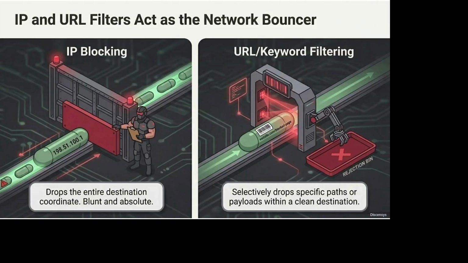Trying to block, right? And next comes the URL filtering, that is keyword filtering also. Instead of blocking the entire building, only specific rooms are blocked. Try to relate. Earlier in the IP blocking, it was like a security guard saying nobody can enter this building.